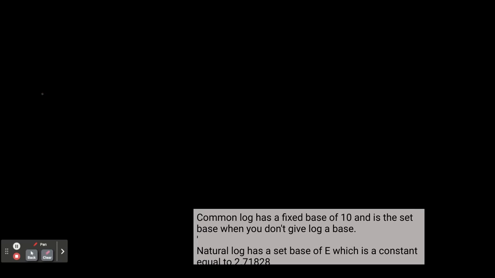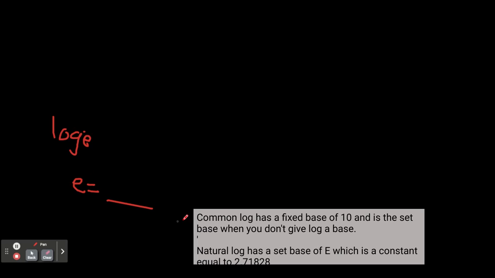The next type of log is natural log, and this log is with the constant e. So this is log base e, and e is equal to 2.71828, if I remember correctly.